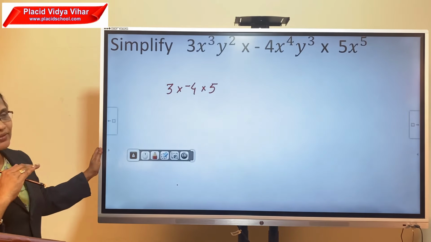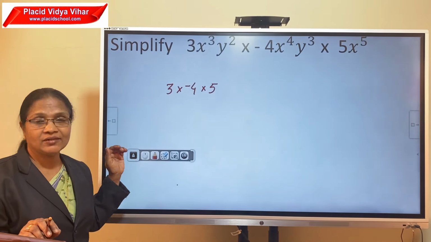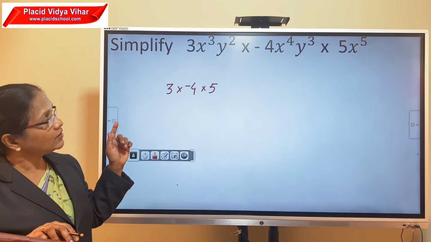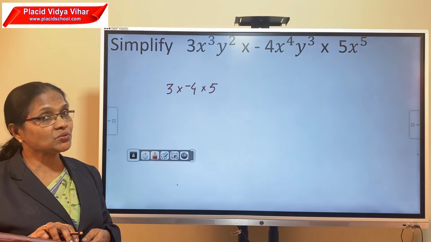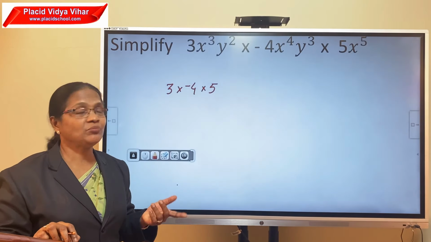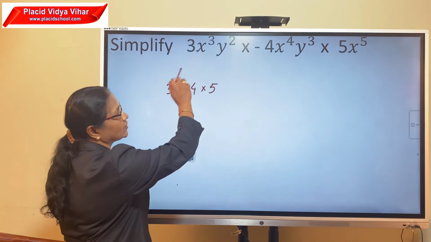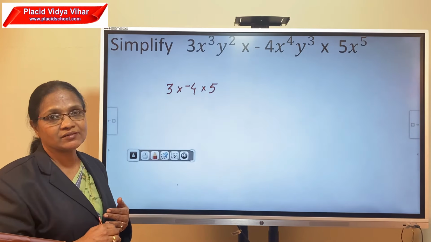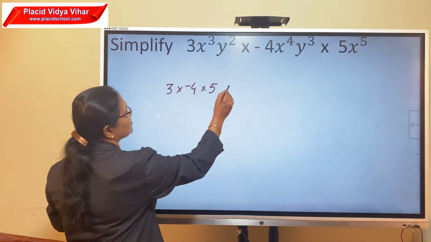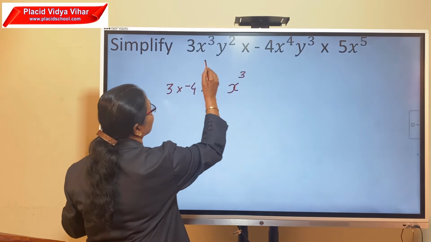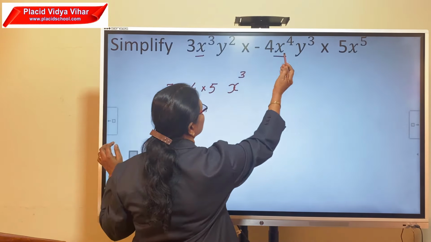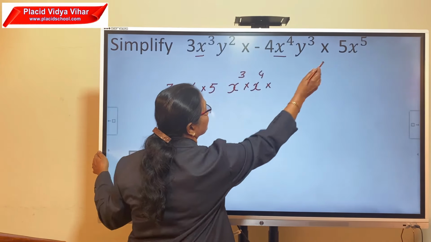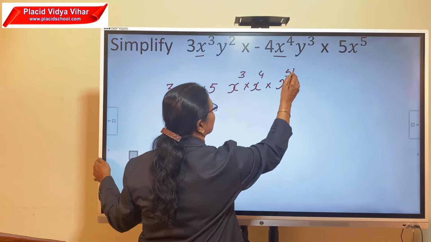Now, to get the product of the variables, we have to apply the laws of exponents. The law x raised to m into x raised to n equals x raised to m plus n. Now take the variable x alone. Here x raised to 3, x raised to 4, and from the last one, x raised to 5.